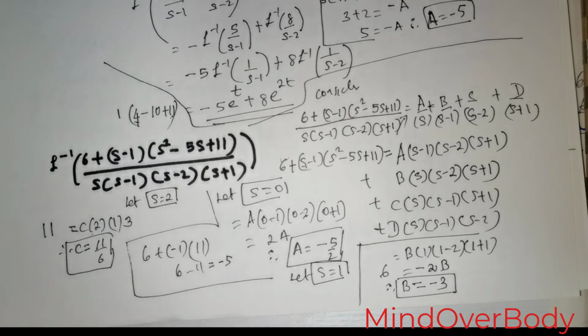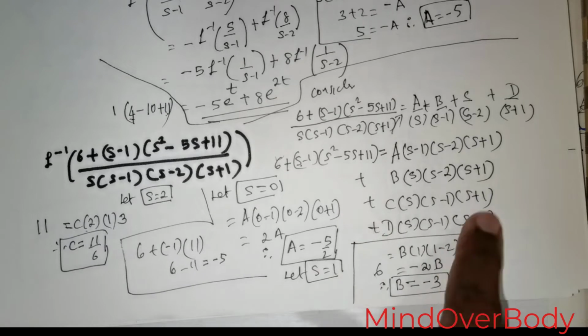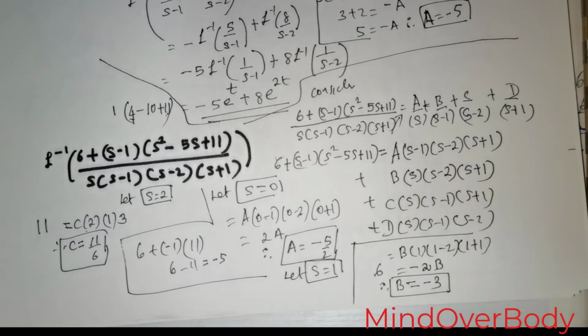Now for d, I can substitute, say, s is equal to any value. It doesn't matter, because we would ultimately arrive with a, b, c, and subsequently we can use these. So let us just check out the shortest way by which we can obtain the value for d.